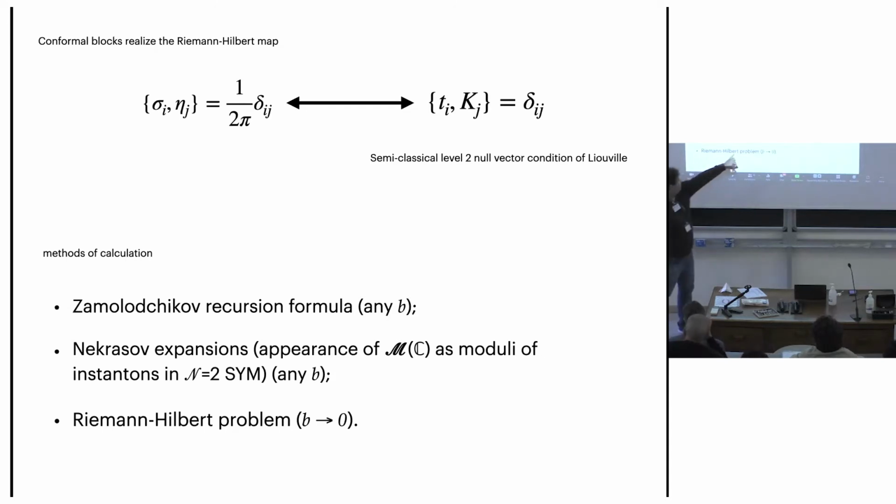These are also valid for any b, I mean the Nekrasov expansion itself. Their relation to the Fuchsian equation is only clear for b equals i, meaning c equals 1 or c equals infinity.